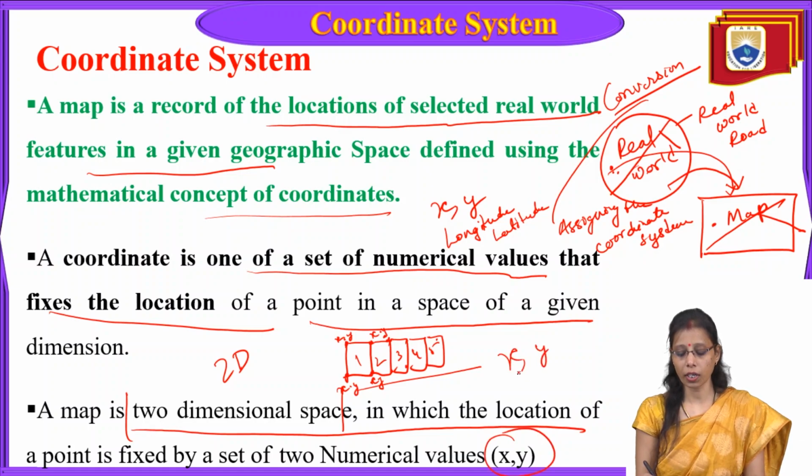What is x here? X is the longitude, y is the latitude. So when you assign the x and y values to this map, it is a set of numerical values in a two-dimensional space. This is 2D, and here we have three dimensions. This is the 3D of the real world.